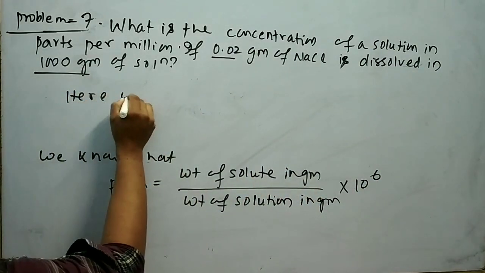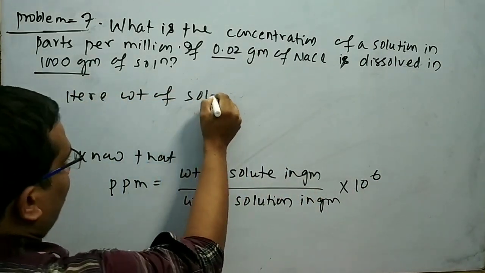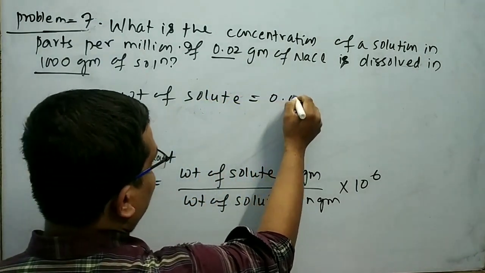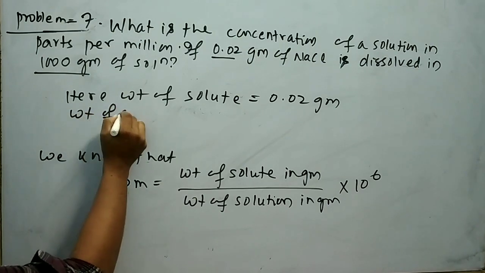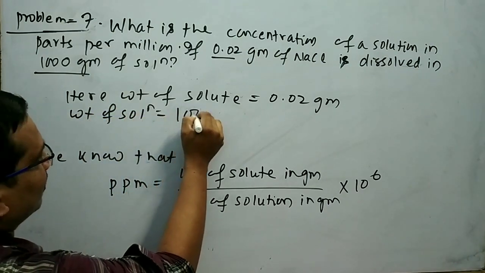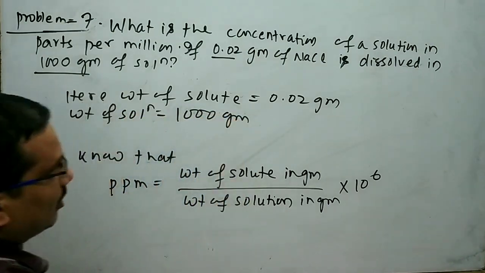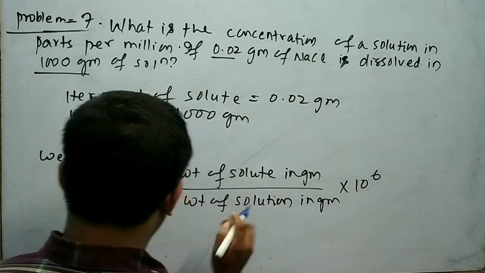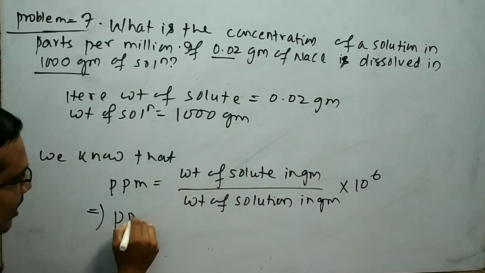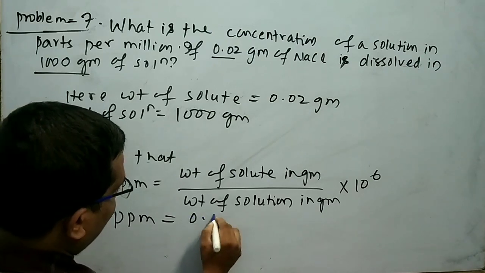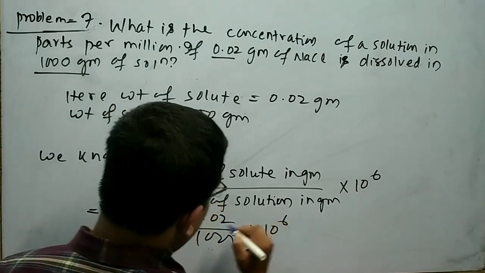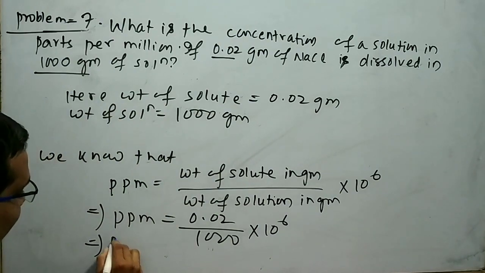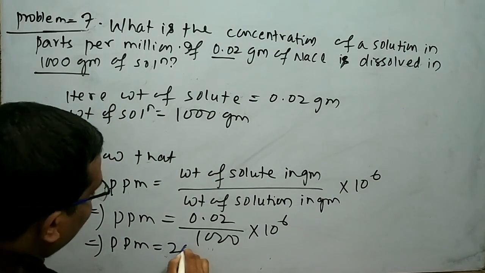Here weight of solute equal to 0.02 gram, weight of solution equal to 1000 gram. Now put these two values here, then I can write ppm equal to 0.02 divided by 1000 into 10 to the power 6. By solving, I can write ppm equal to 20.